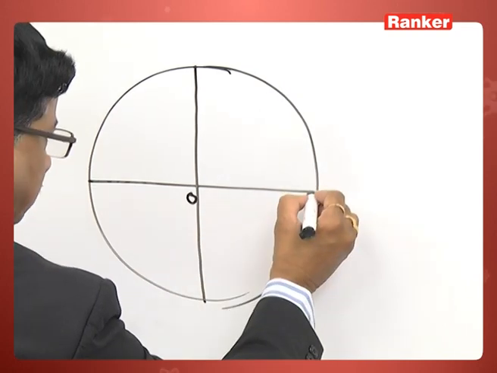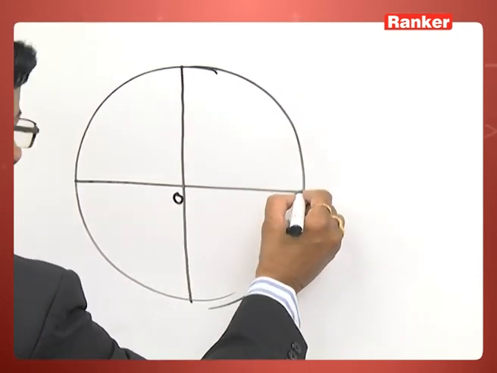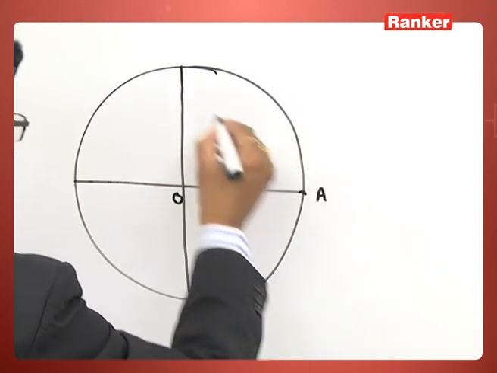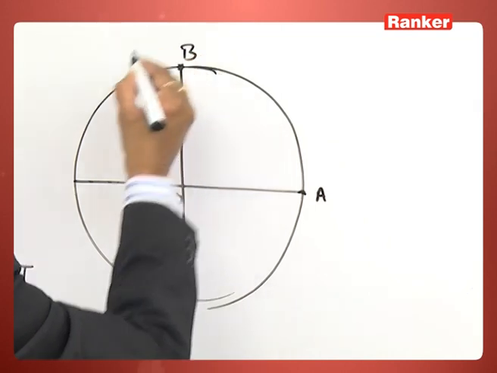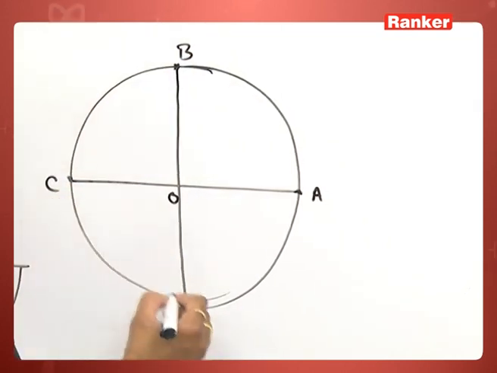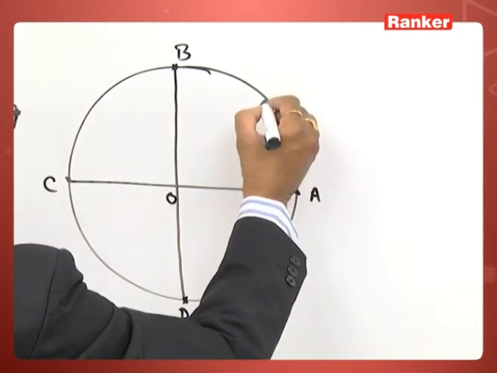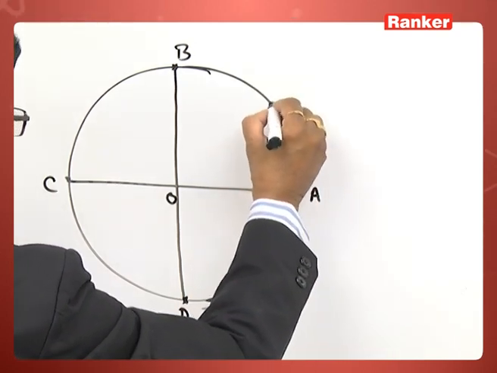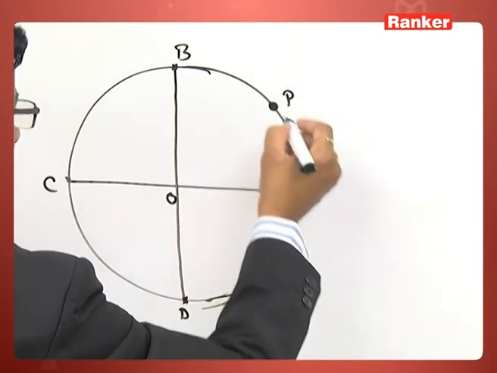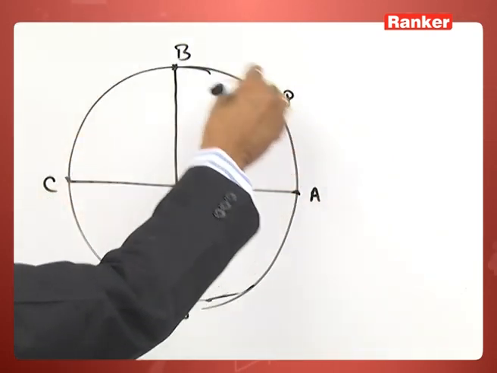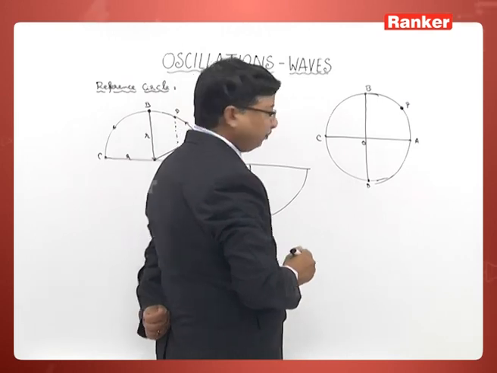This point I consider as O. This point I take as A. This one as B, this as C and this one as D. Let us once again consider there is a particle P that is now moving along the circumference of the circle in anti-clockwise direction in this figure.